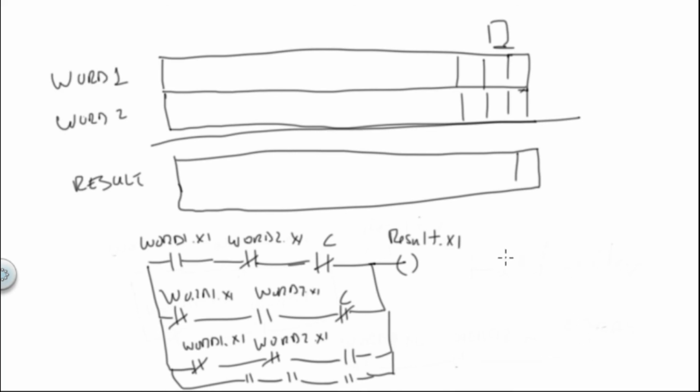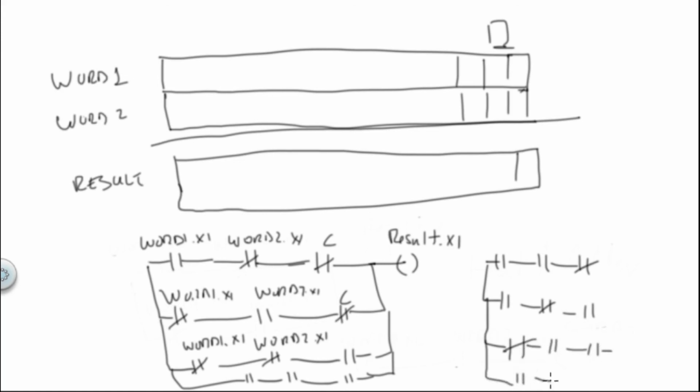So the carry for the next bit would be word 1, word 2, but not carry, or word 1, not word 2, but carry, or not word 1, but word 2 and carry, or word 1 and word 2 and carry. Each of those would give you a carry.